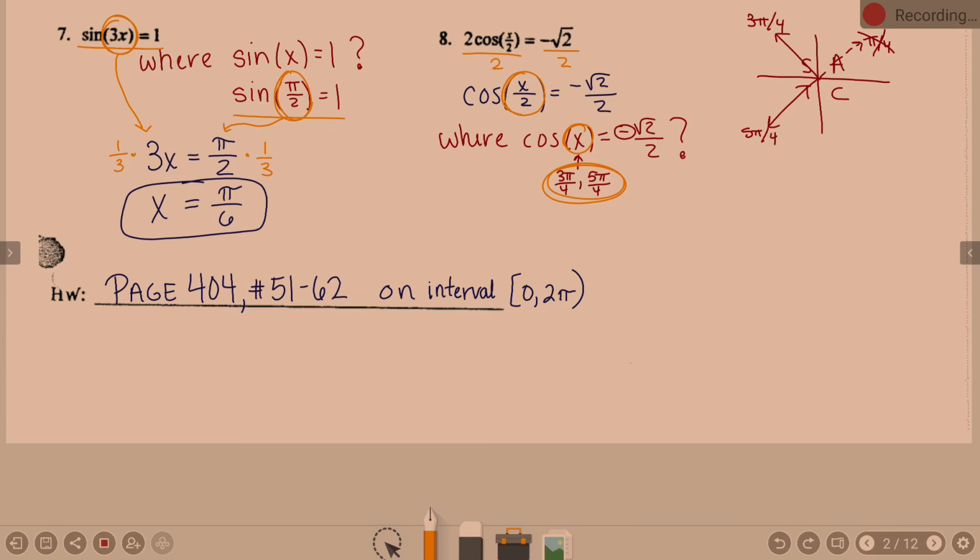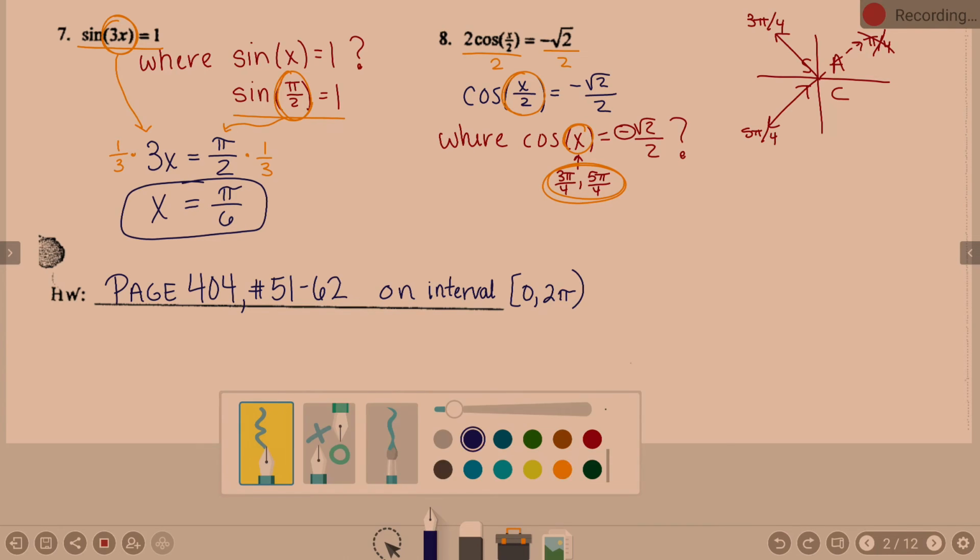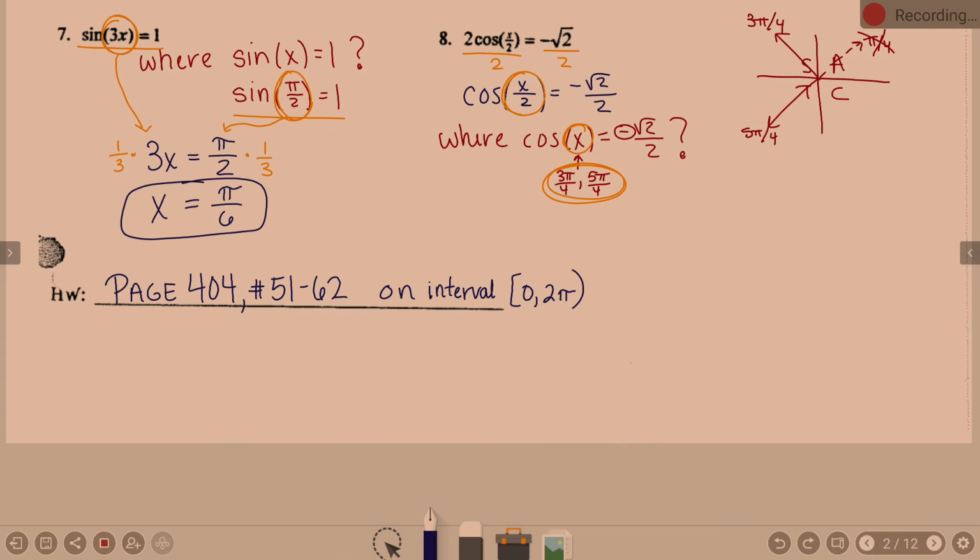So what's the statement I can write? These two right here. I'm running out of room. X over 2 is going to be equal to both 3 pi over 4 and 5 pi over 4. Does that make sense how I did that?